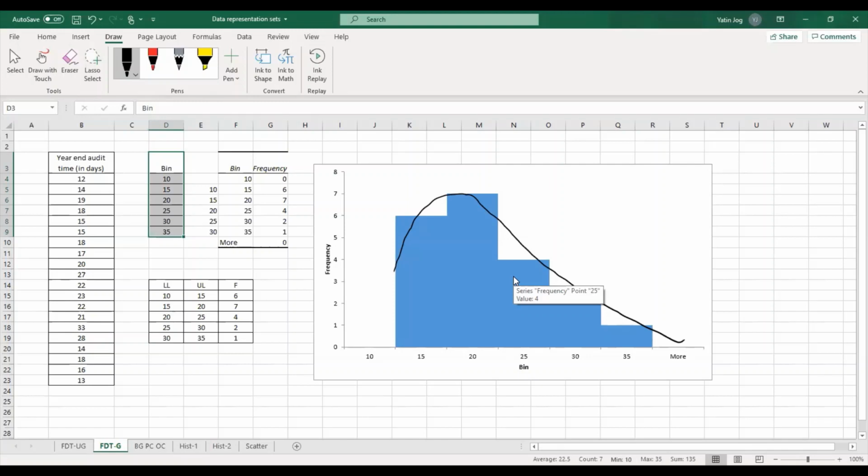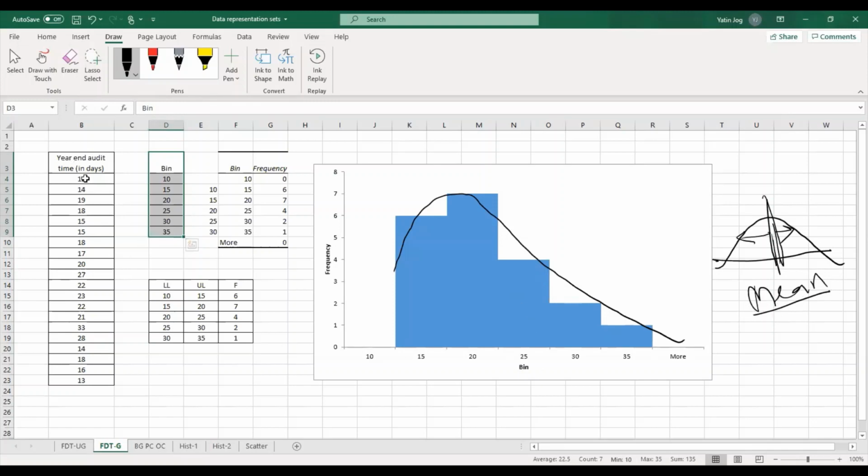Symmetrical means when you have a kind of bell-shaped curve. That means you have the same kind of curve on both sides of the middle line. Now this middle line is represented by the mean generally. So we say that the distribution is symmetrical around the mean.